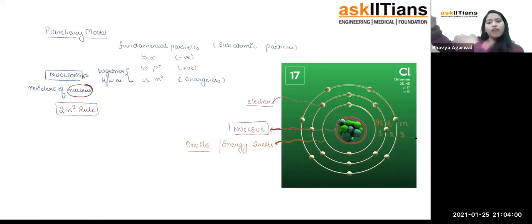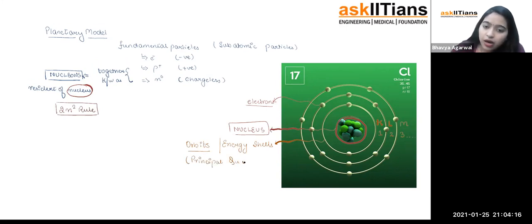As you move away from the nucleus, the number of the energy shell will increase, right? Now, these numbers are represented by the principal quantum number.